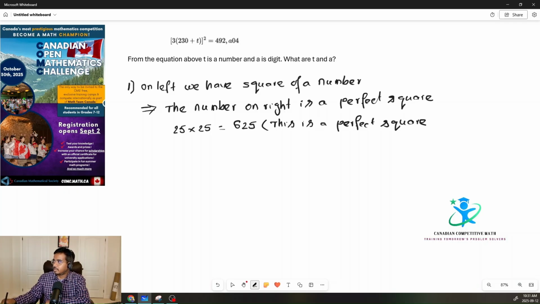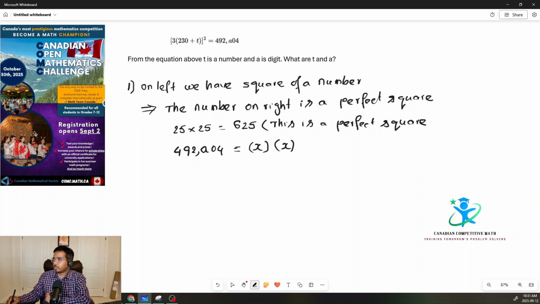Similarly, this 492A04, let us assume the square root of this is x, so it is x times x. So we should be able to write this number in this format, right? So we need to find out what this x is.